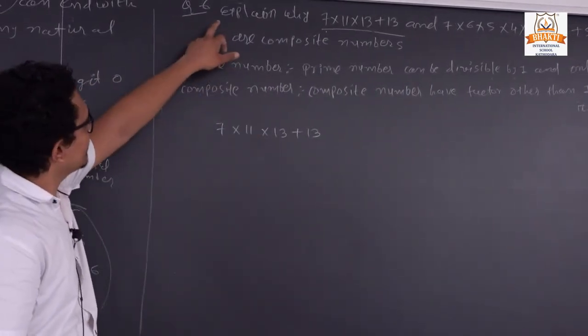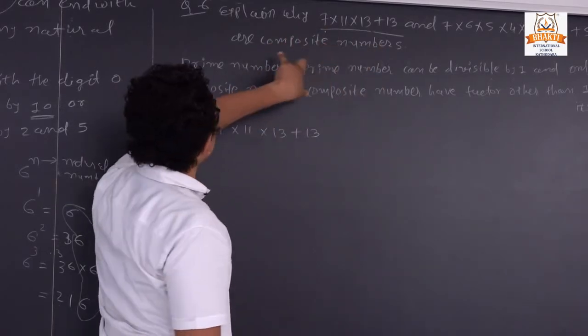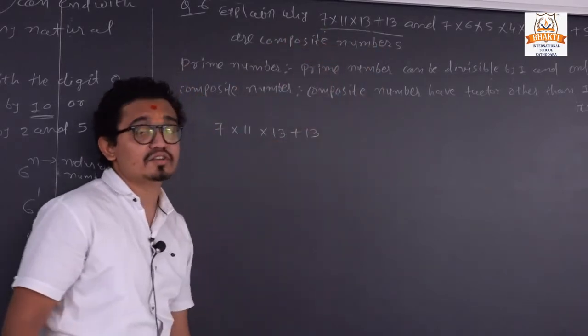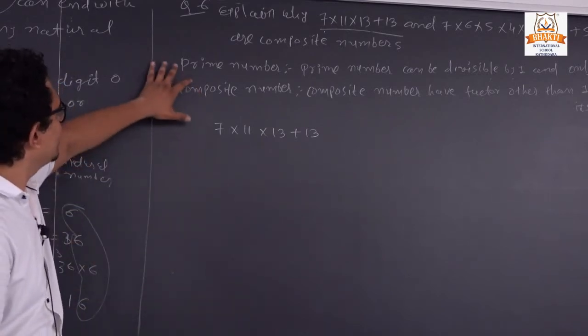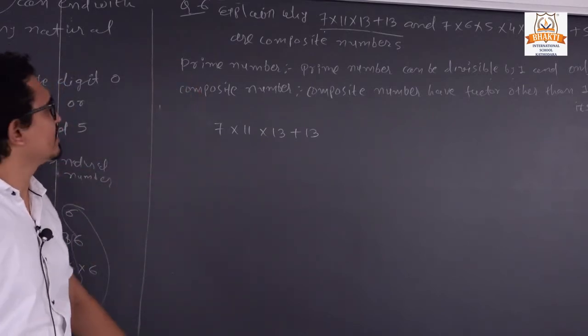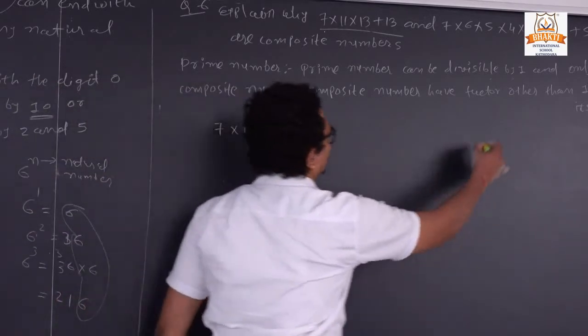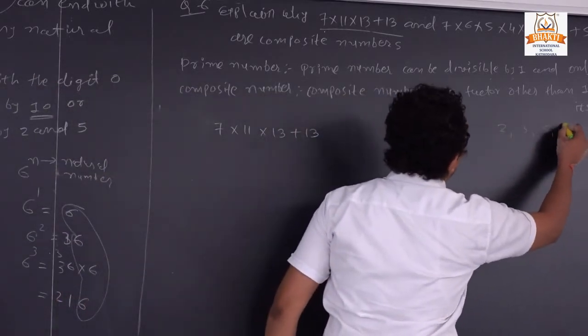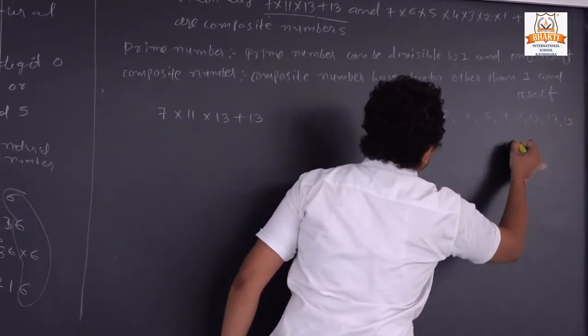So first of all we can start with the first. So they are saying, explain why this and this number are composite numbers. So first of all, what is a composite number? Here we have a definition of two different numbers. First of all, prime. You are familiar with the prime numbers like 2, 3, 5, 7, 11, 13, 17, 19, 23.